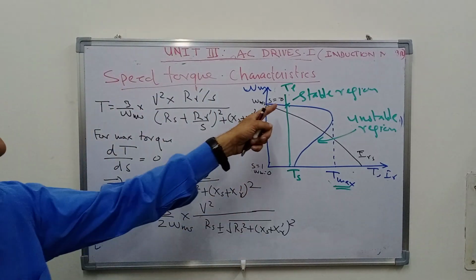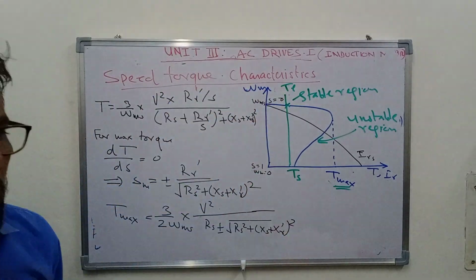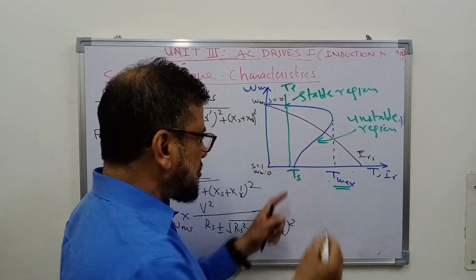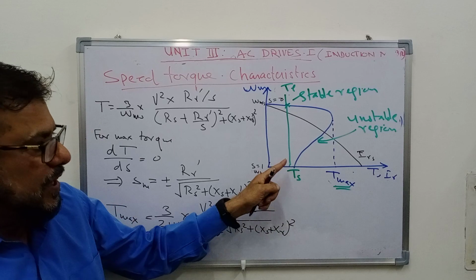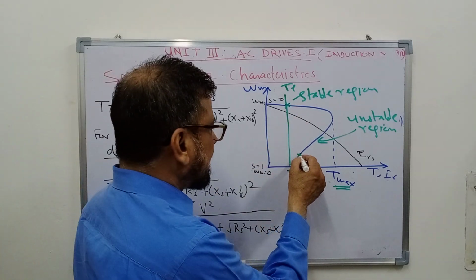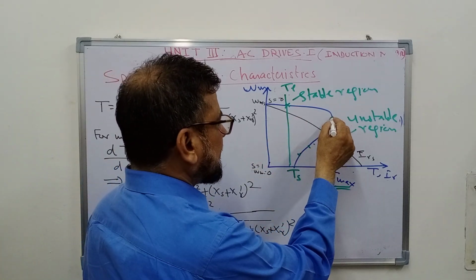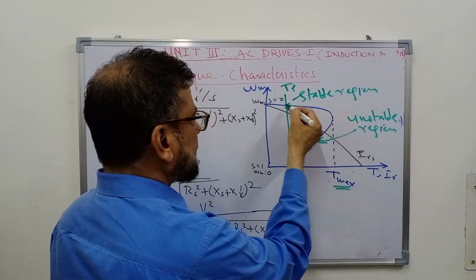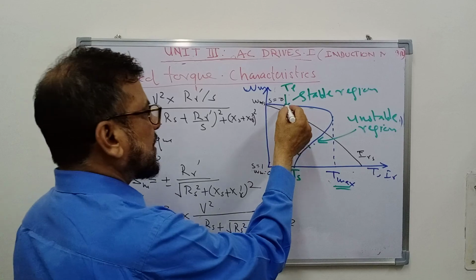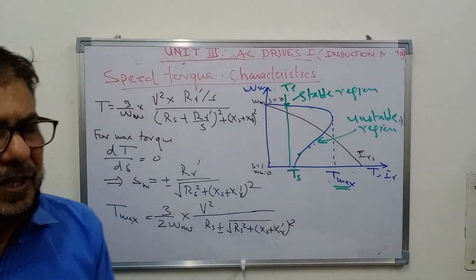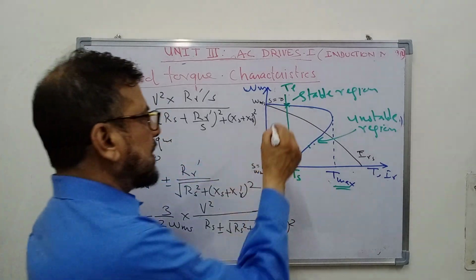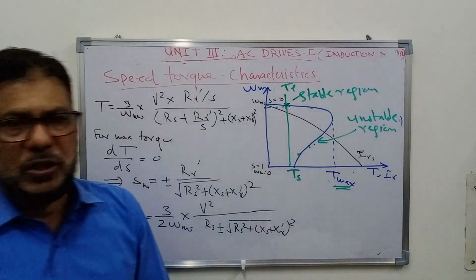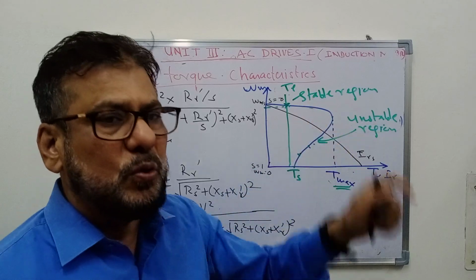The starting torque should be more than the load torque so that the motor can accelerate. The motor accelerates, speed increases, and it continues to accelerate while the torque is more than the load torque, and finally it settles to this operating point, with the corresponding speed shown on this side.